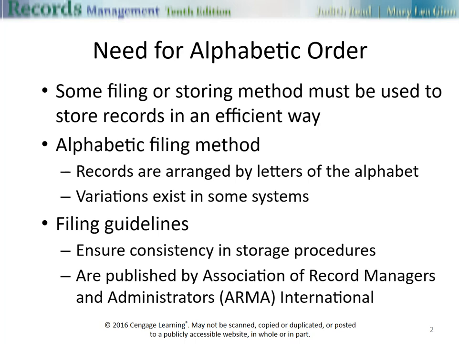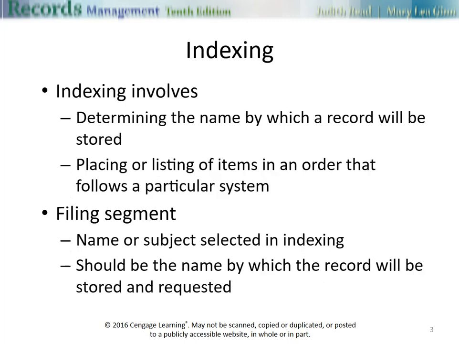One of the first new terms that you'll hear this week is the term indexing. Indexing just means figuring out what name to file something under. And so, for example, if a letter is addressed to Terry Ann Brown at Hawaii Community College, do we file it under the last name Brown, or do we file it under Hawaii Community College?